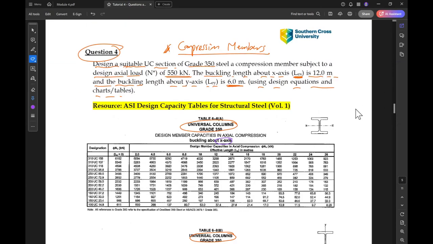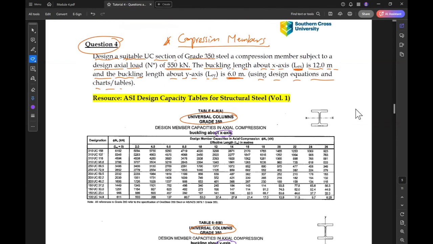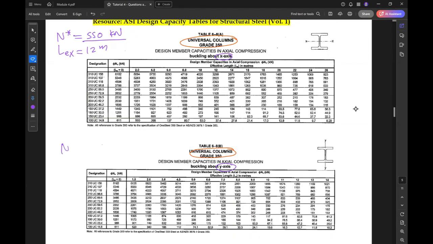If we look quickly here, what is given to us is N star equal to 550 kilonewton, LEX equal to 12 meter, and LEY equal to 6 meter.